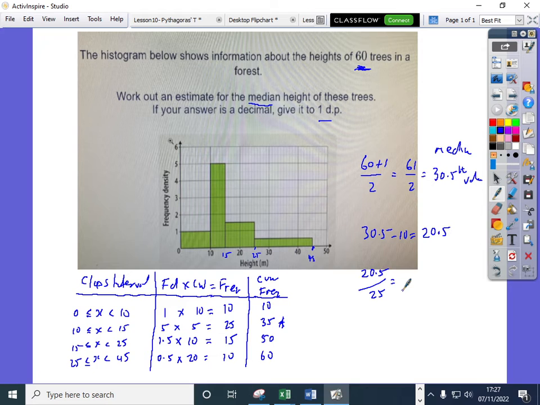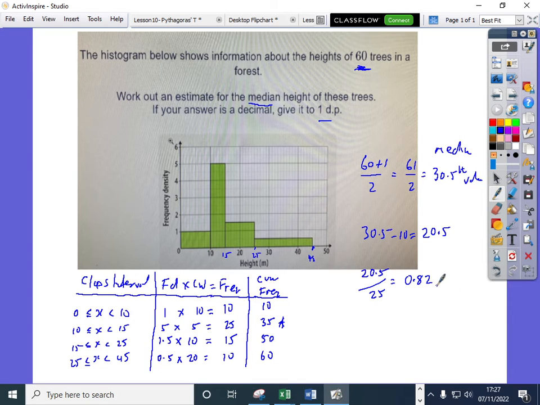If I quickly do 20.5 divided by 25, that gives me 0.82. So I want 0.82 along here.